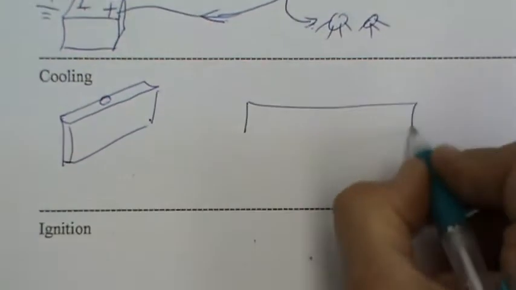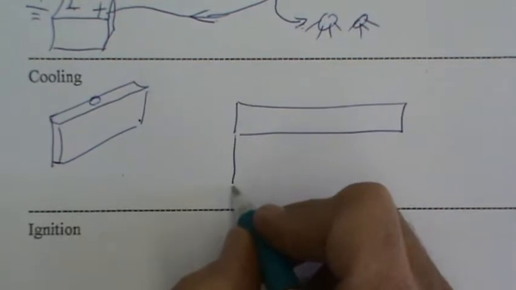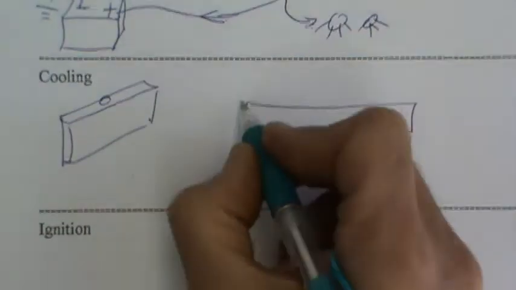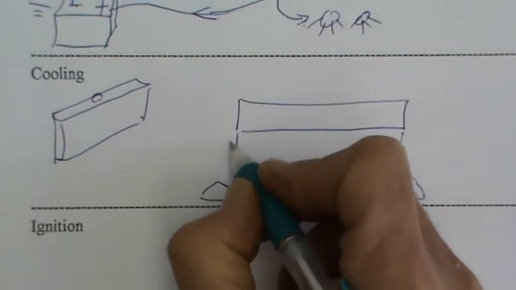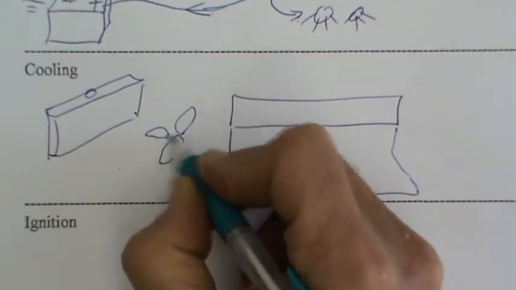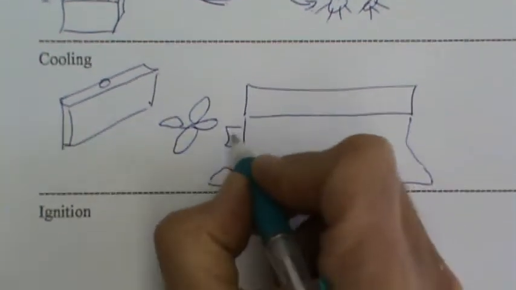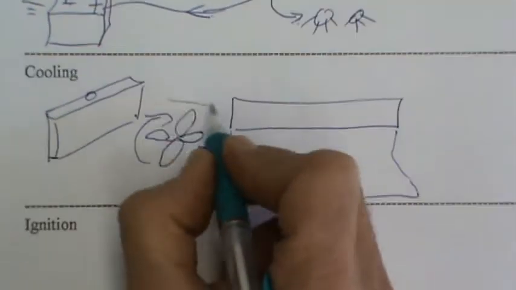There's the head of the motor, and then the block of the motor. The water is pumped by, well, we've got a fan here, and the fan's attached to the water pump which sits on the front of the motor like that. So the fan spins round, drags air onto the motor.